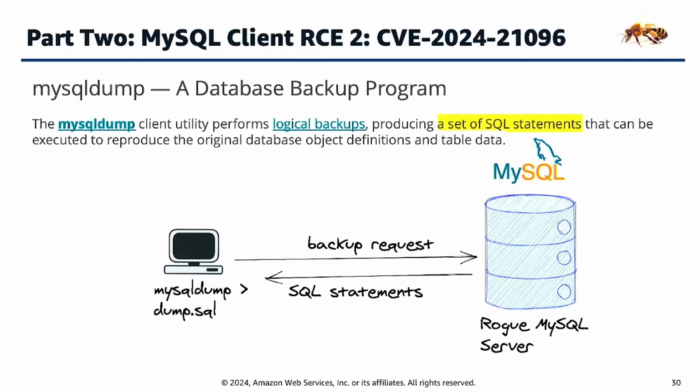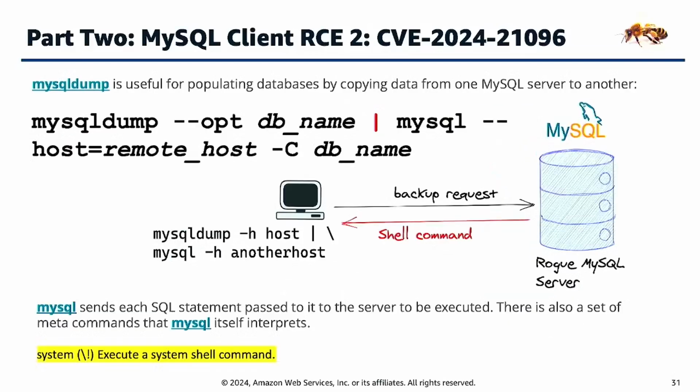Actually, it can. The thing is, the MySQL documentation suggests this. Basically, if you want to copy one server to another server to set up replication or something, then you connect your mysqldump program to your server 1 and then pipe to the MySQL command line program, which will re-execute the statements on server 2.